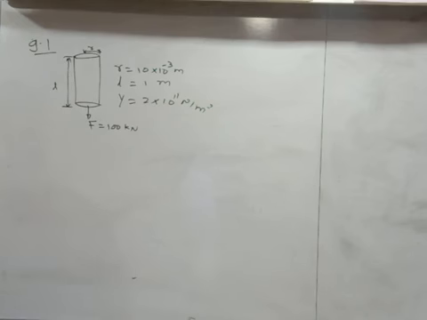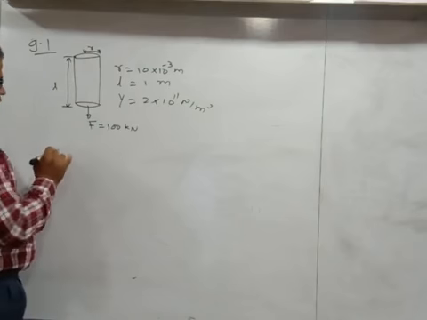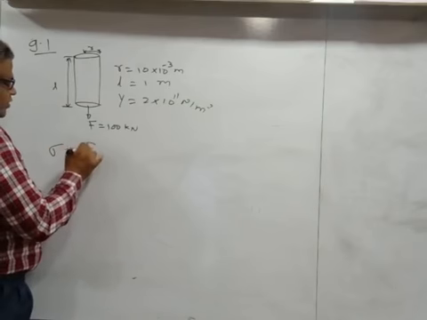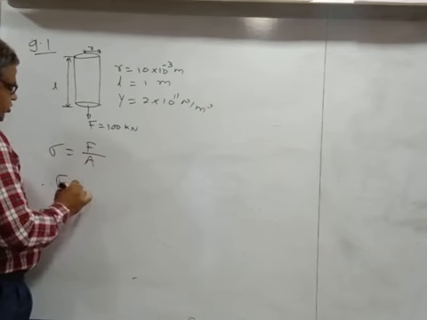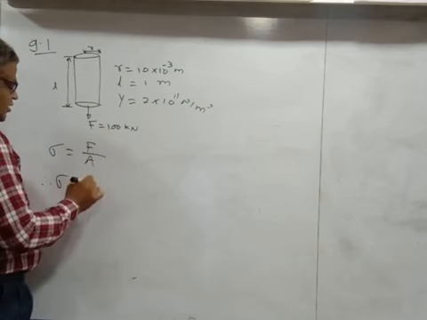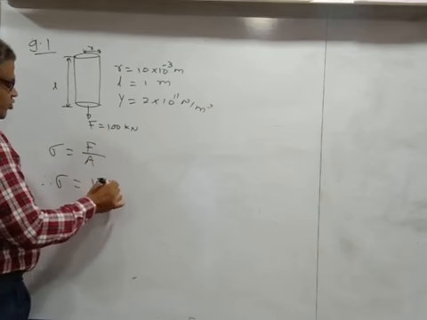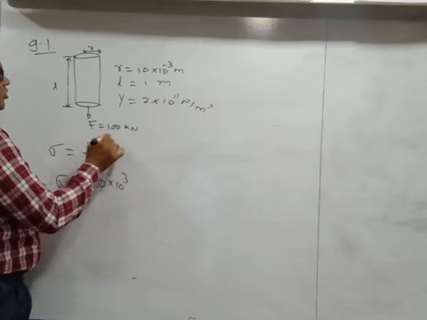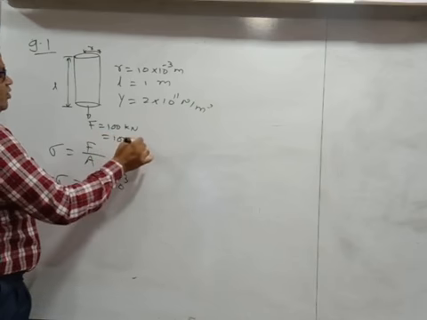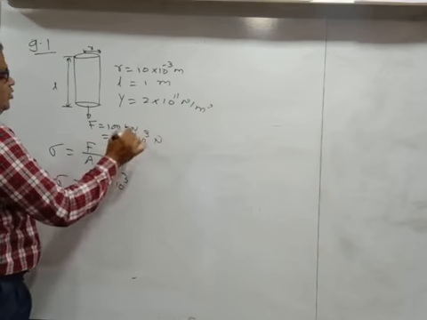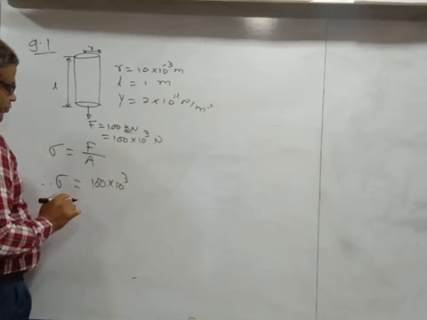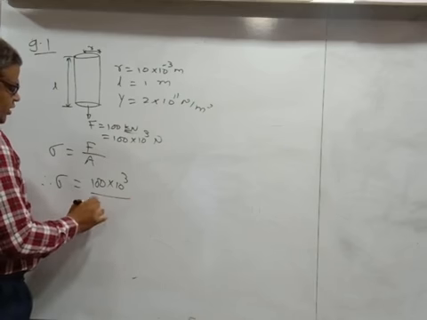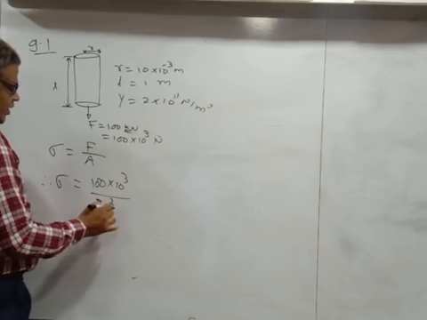Now they are asking us to find out the value of stress. So it is very simple. See, stress is nothing but force divided by cross-sectional area on which the force is applied. So it is 100 kilonewton. Kilo means 10³, so it is 100 × 10³ Newton, divided by cross-sectional area, which is equal to pi r square.